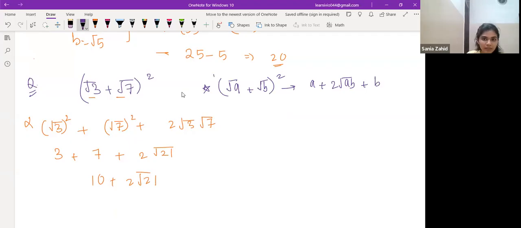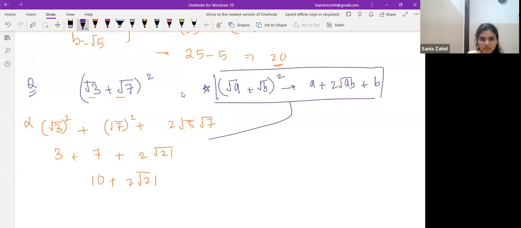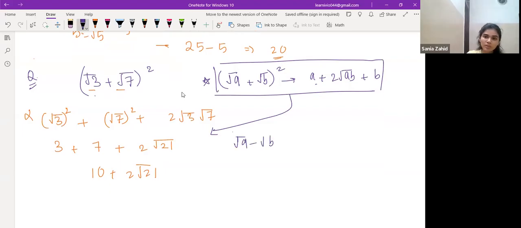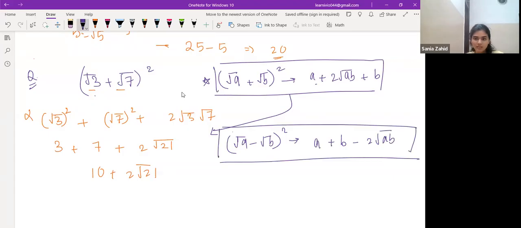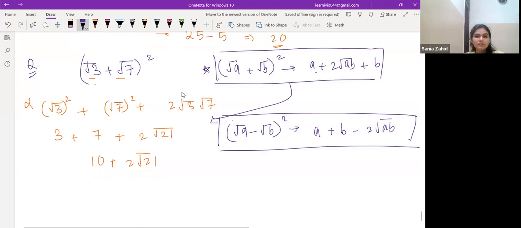This is my answer. What's A now? 3. So you can directly write 3 plus 7 plus 2 root 21. Even when it's root A minus root B whole square, I can get my answer as A plus B minus 2 root AB. So whenever you have root numbers, you can just remember this identity. You can even note these identities down.